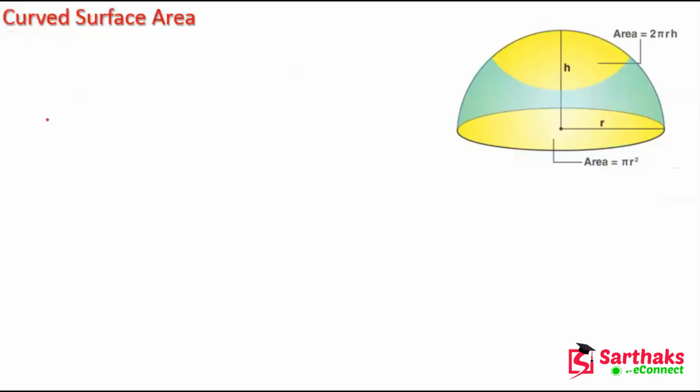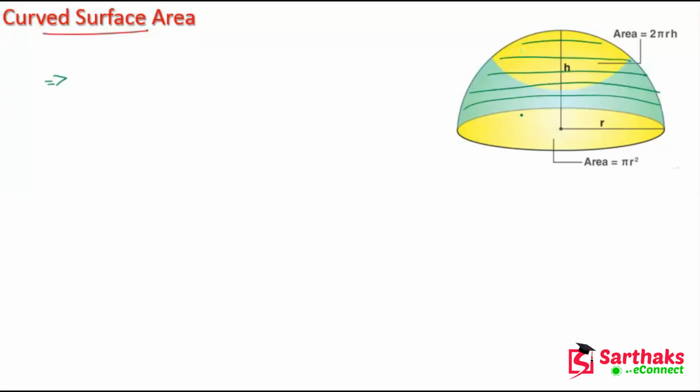Now let's see the curved surface area of a hemisphere. Here we cover only this curved part, and we are excluding the flat surface, meaning we are excluding the area of this circle.